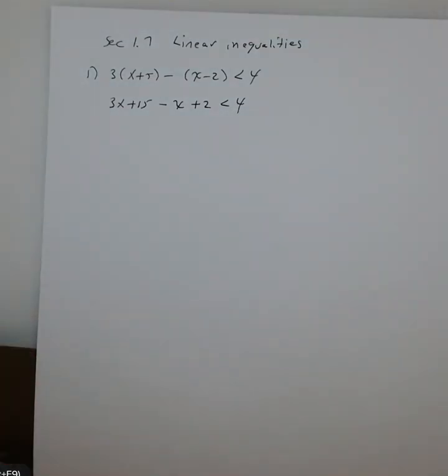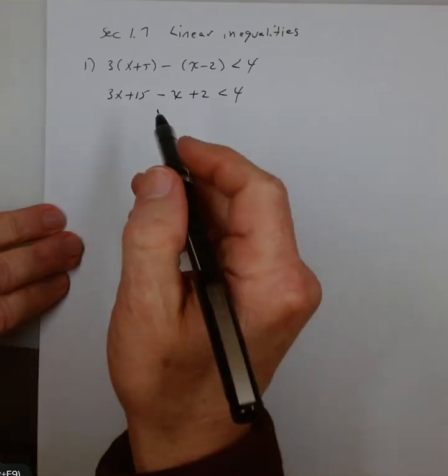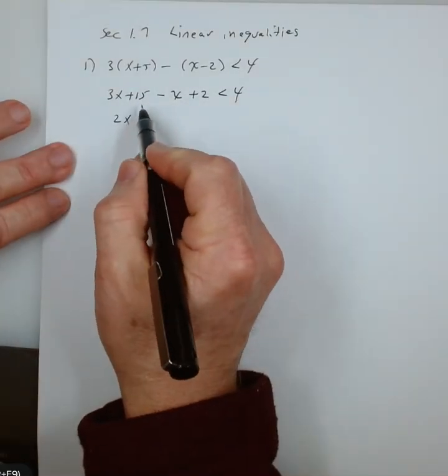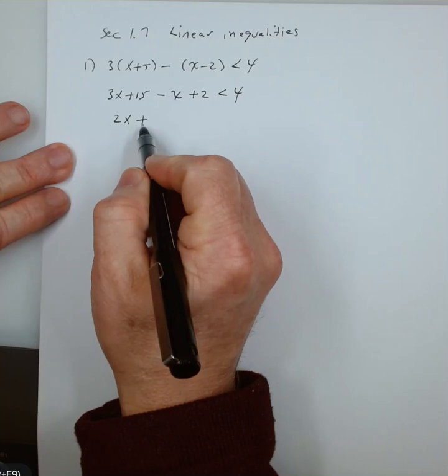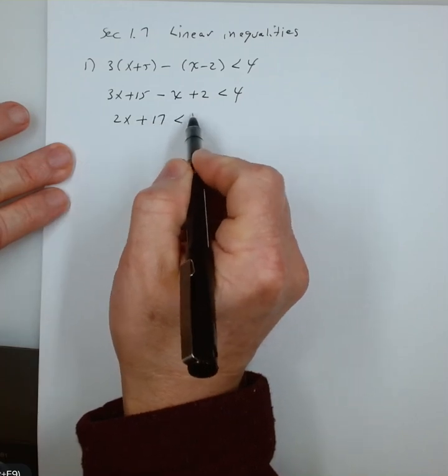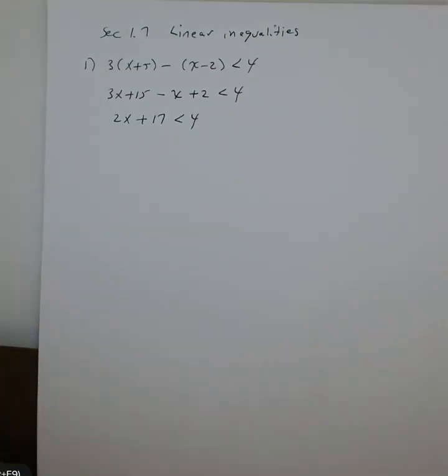Just like you've been doing with linear equations. What's the next step? Combine like terms. So 3x minus x is 2x. 15 plus 2 is 17, less than 4. If this was a linear equation, what would be the next step?